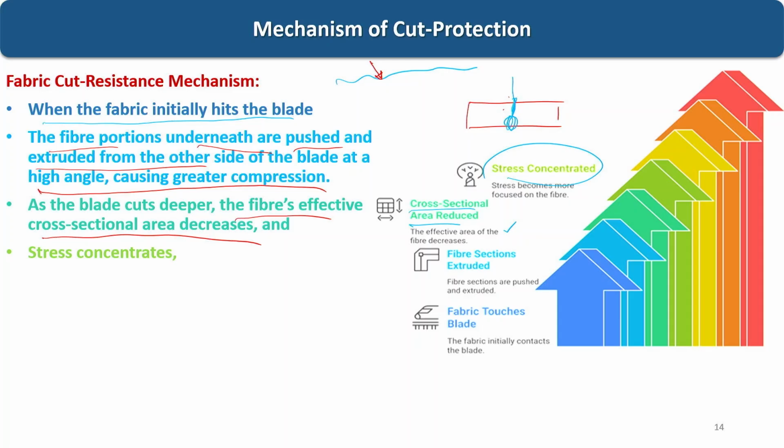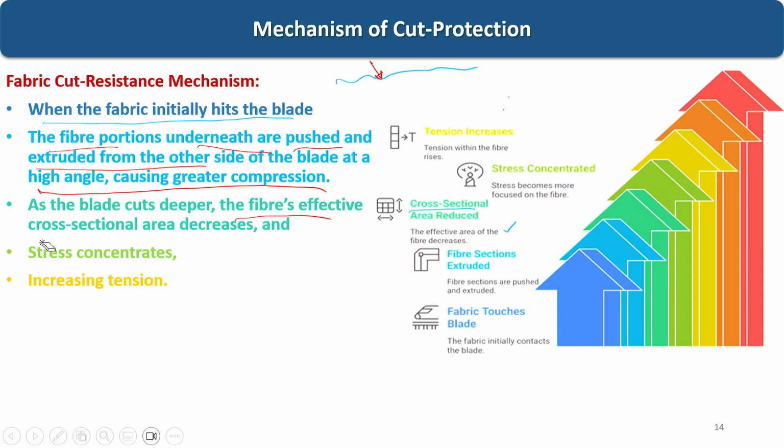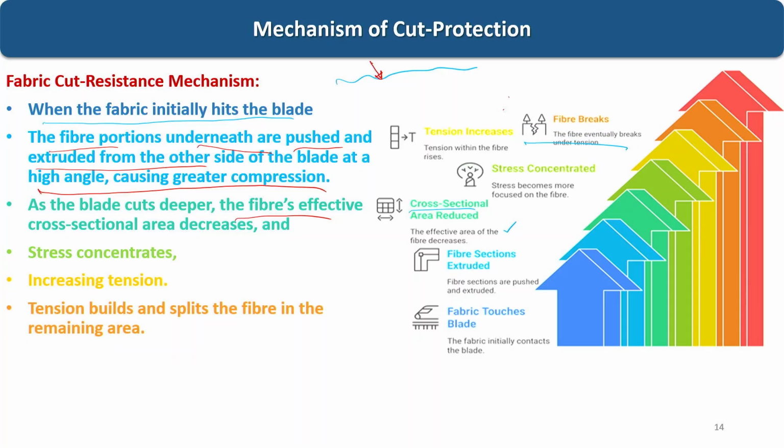Stress will get concentrated because the effective area of the fiber is decreasing. And that is why tension increases, the tension within the fiber rises. Tension builds and then splits the fiber in the remaining area because of the stress concentration here.